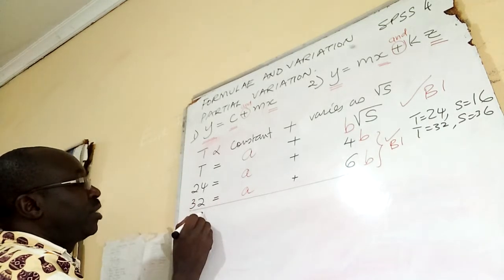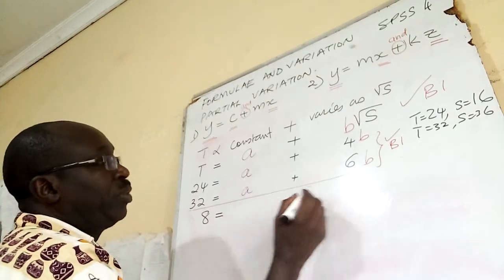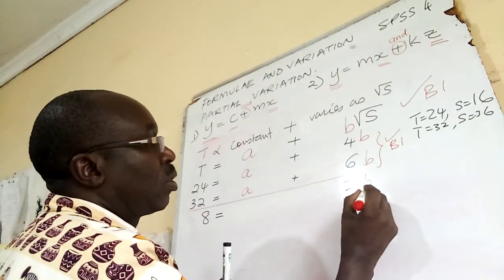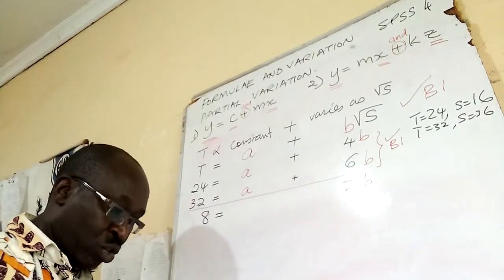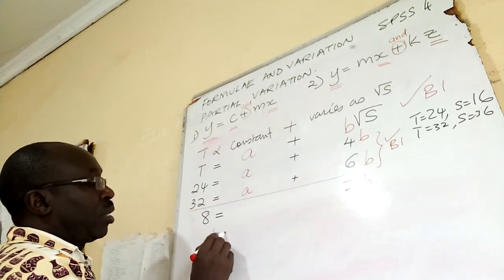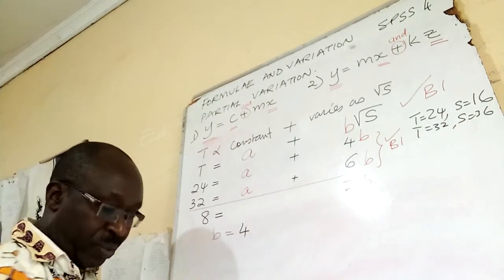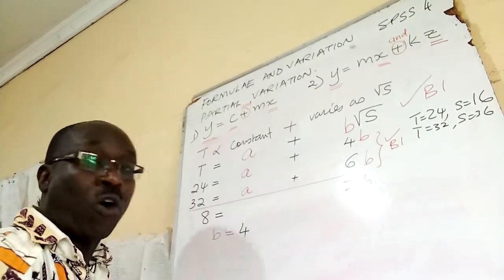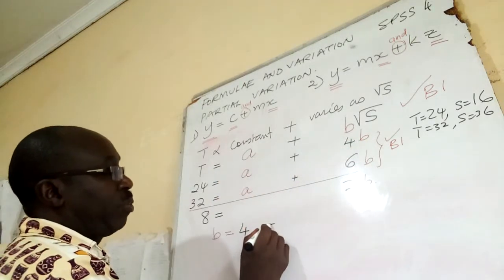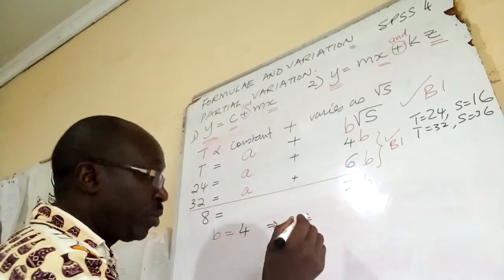That is 8. This will be 0. Then this will be 2b. Okay? So what does it give me? B is equal to 4. And you can substitute it anywhere, implying A is equal to 8.